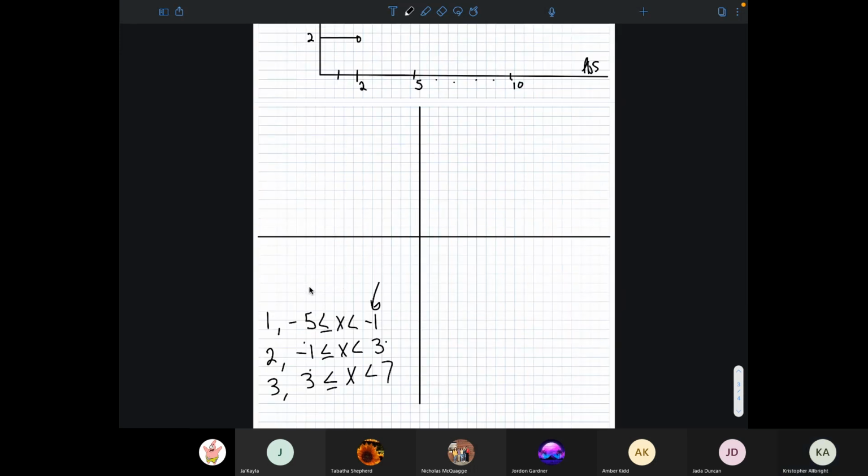So for this first one, we have to identify this section of the graph. And with this section of the graph, we're looking for, on the x-axis, -5 to -1. So we count over -5. So -1, 2, 3, 4, 5. So I'm just going to kind of put a line there and a line here because that's where this section of the graph is.